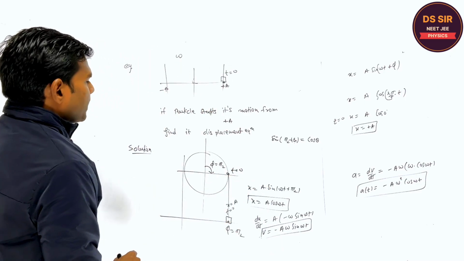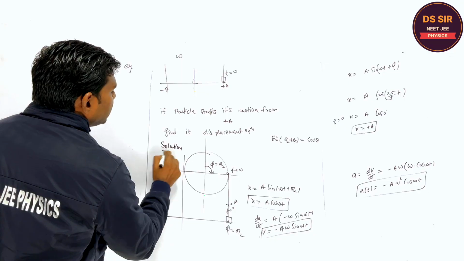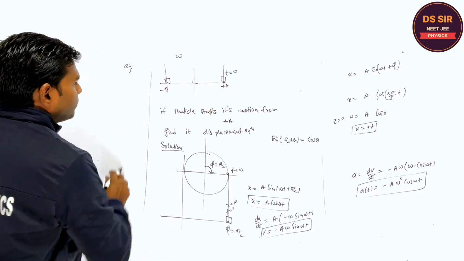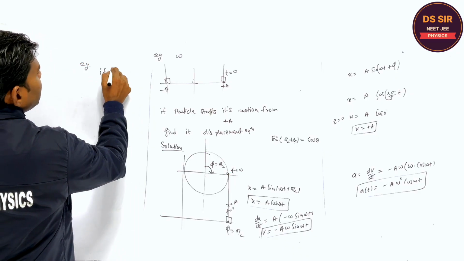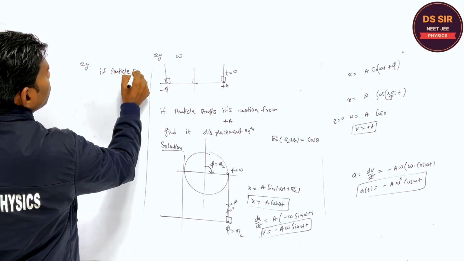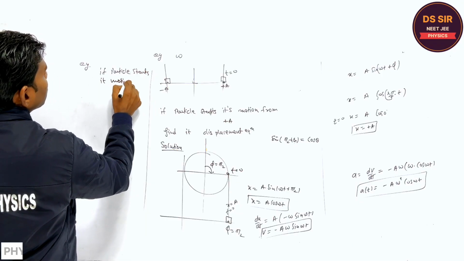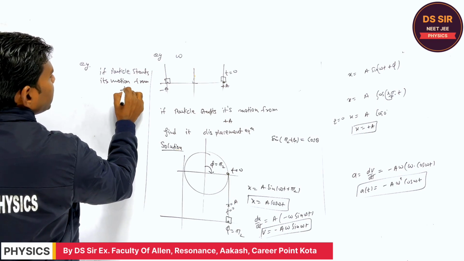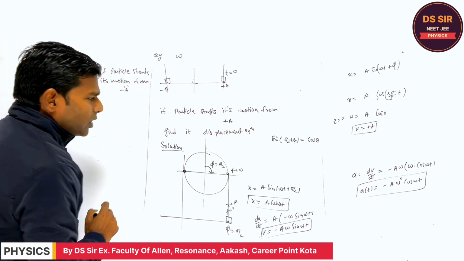Listen to one thing. If in another question they say that the particle starts its motion from the negative extreme, from minus a, the left extreme, it means the particle is at this point.